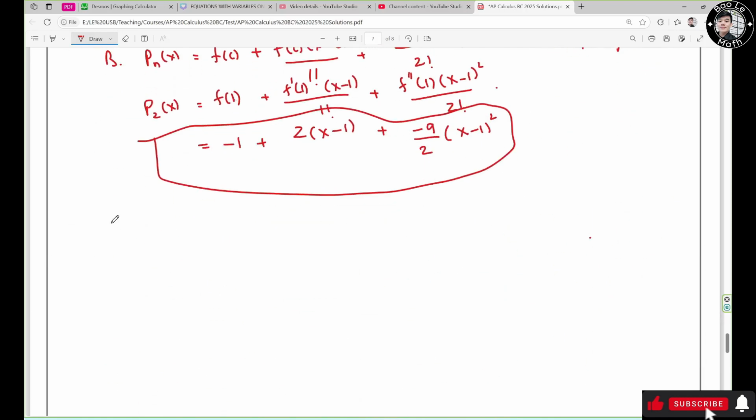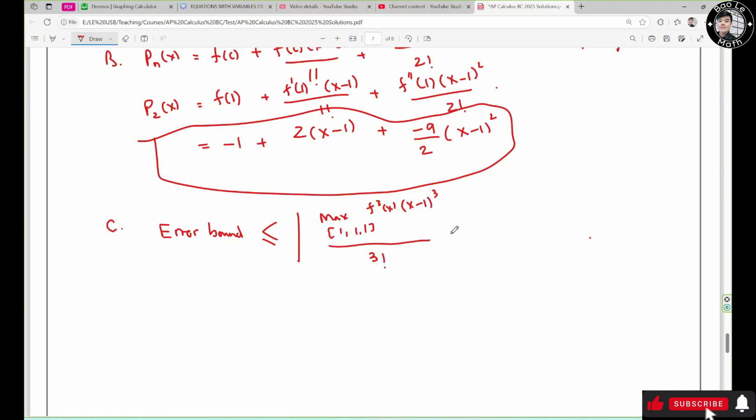Alright, so question C, we have the error bound formula. It's going to be less than or equal to the absolute value of the maximum of f triple prime of s, times (s minus 1) cubed, for s between 1 and 1.1, divided by 3 factorial.